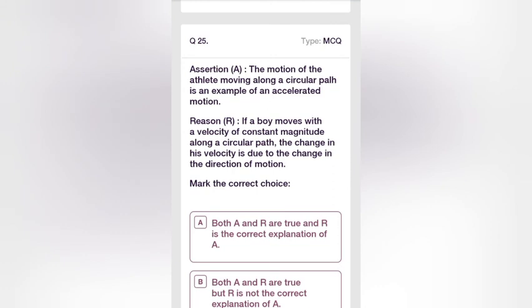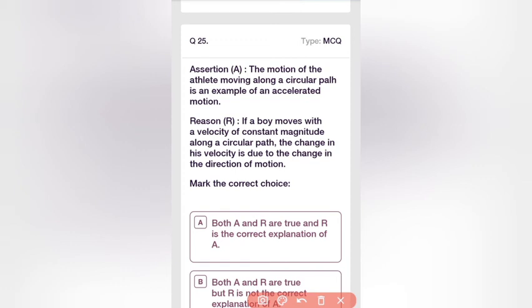Assertion and reason type question. Assertion: the motion of the athlete moving along the circular path is an example of accelerated motion. That's right. We have already seen that any object moving in a circular motion tends to have accelerated motion because velocity keeps changing at each instant. And what is the reason?